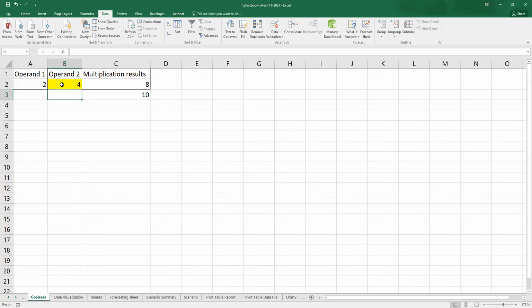If you do it manually, it will be 3 times B3, and if you have 2 and operand 2 you have 5, then you get 10, right? So in this case, you know the calculation, you know the formula, you know one operand, but you don't know the other operand.